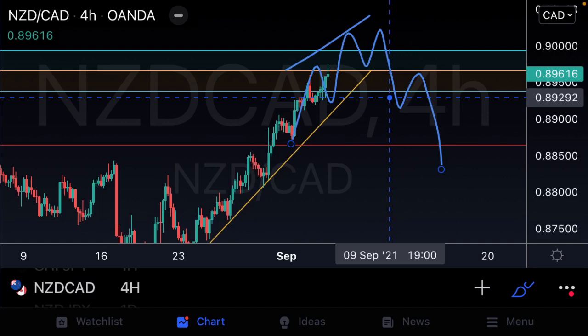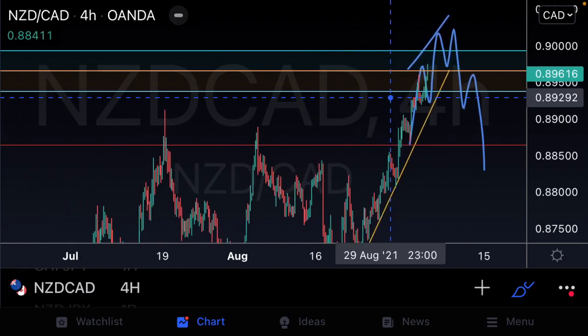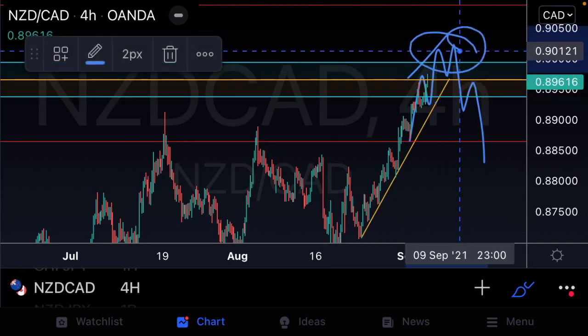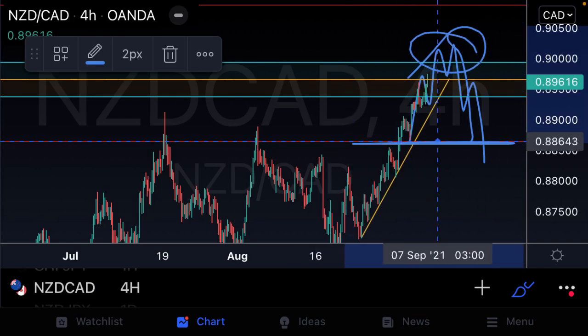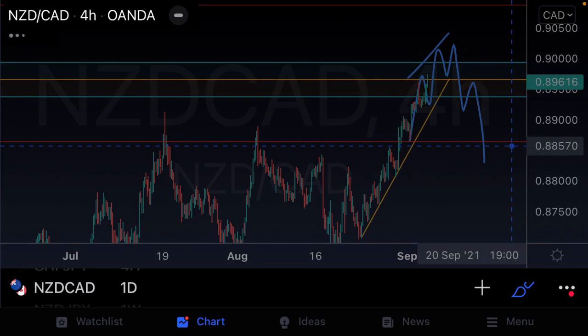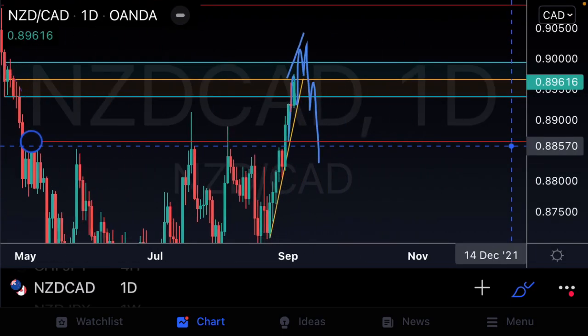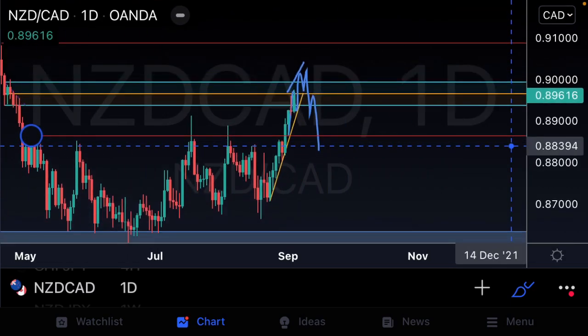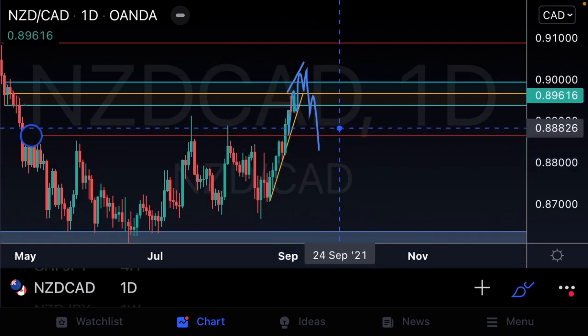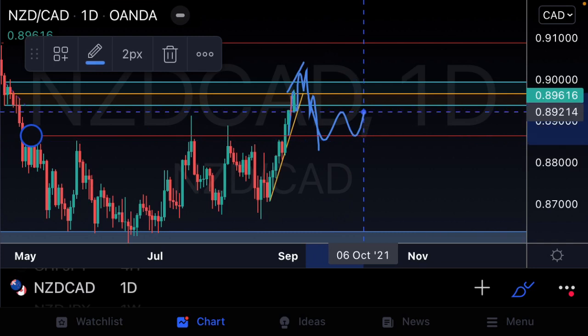Now, one important thing, guys, that we need to mention about this bearish bias on New Zealand dollar CAD is that we'll try as much as we can to squeeze a 1:3 risk to reward ratio between wherever we enter this market and these important support structures over here. Why? Because from a daily, if we look at this range that we've established and broken above, this is our retest area of this range for our potential bullish continuation.